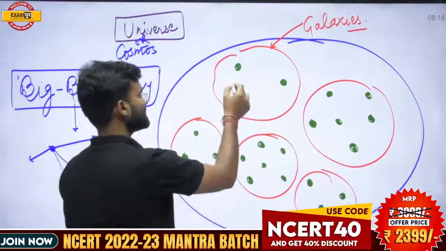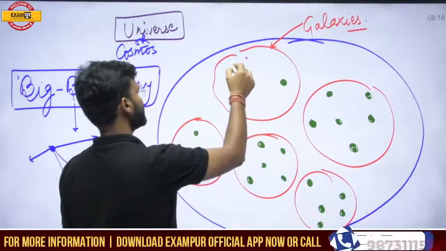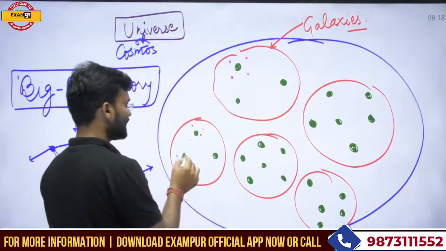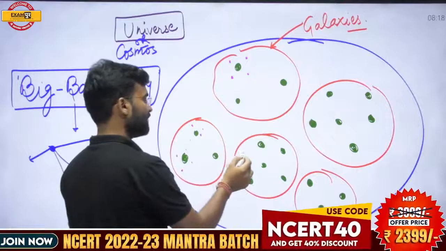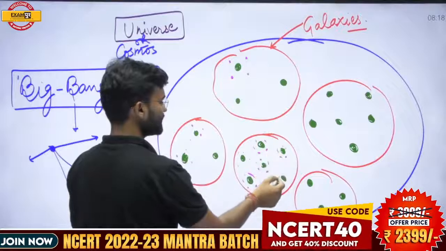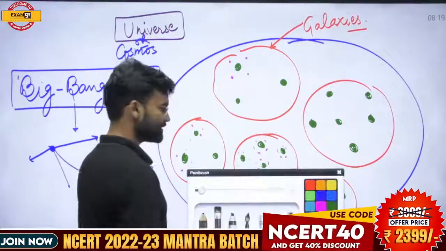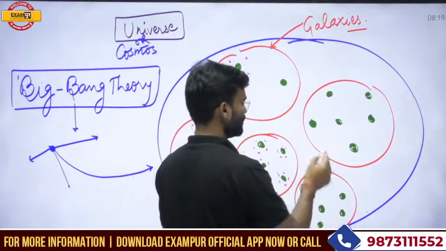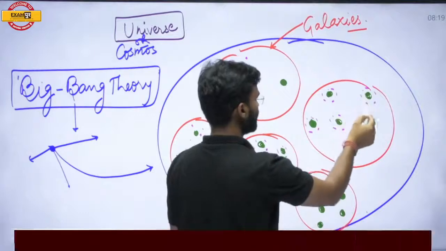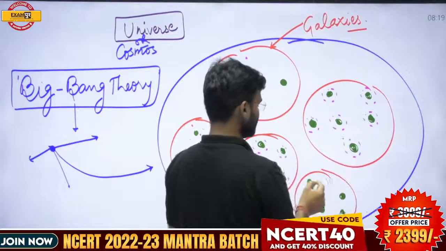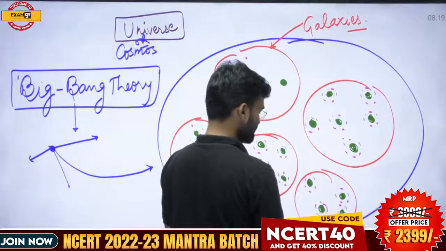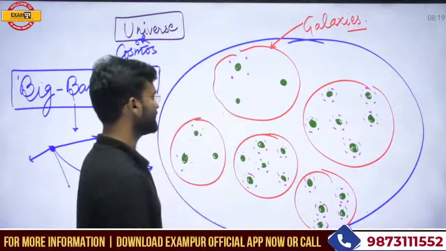And all stars have some objects revolving around them. Not every star has a solar system, but mainly the maximum of stars have a solar system. Some stars are larger stars, and some stars are smaller stars. Some stars have their own solar system, or have some planets revolving around that star.